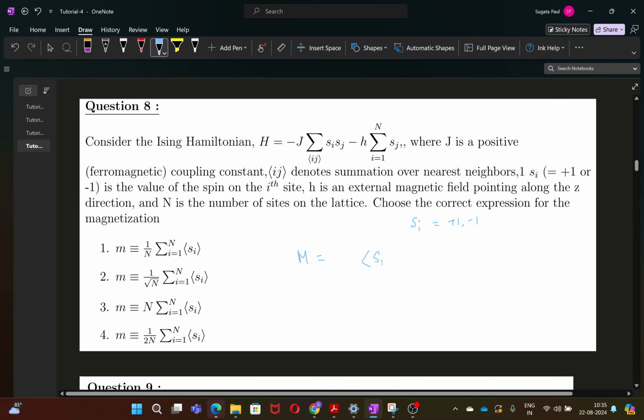You take the average of Si, and then sum over all the N sites, i from 1 to N, and average it out by the total number of sites, which gives the average total spin per site. So this is 1 by N sum over i from 1 to N of the average of Si. Okay, this is the answer.